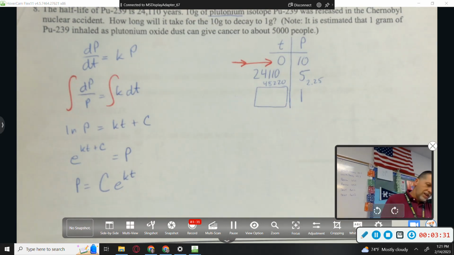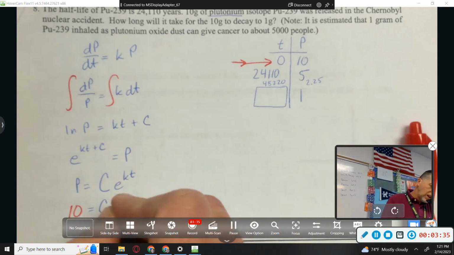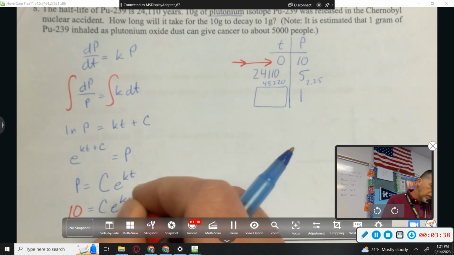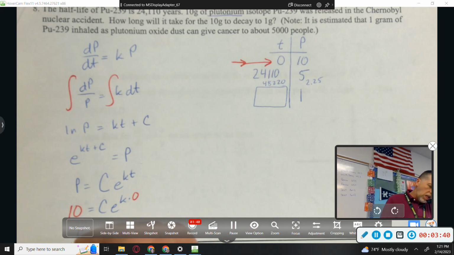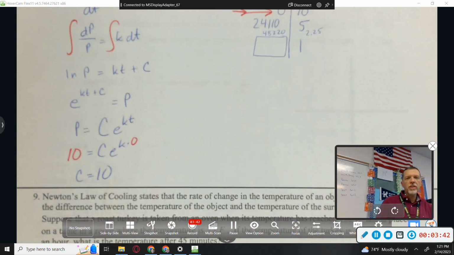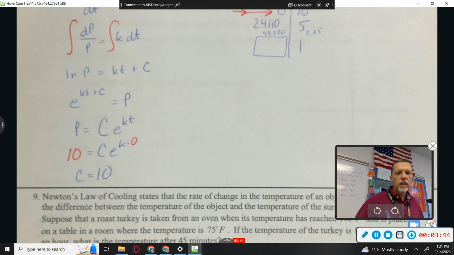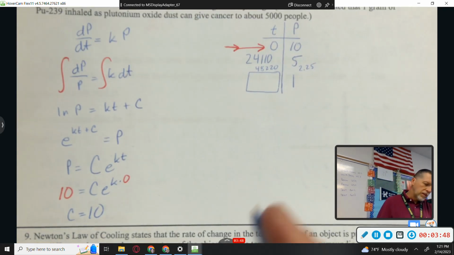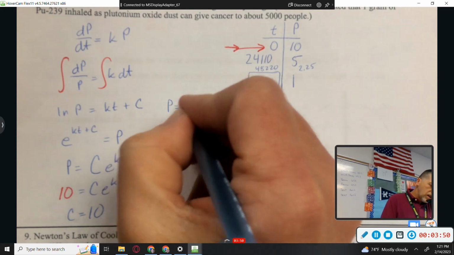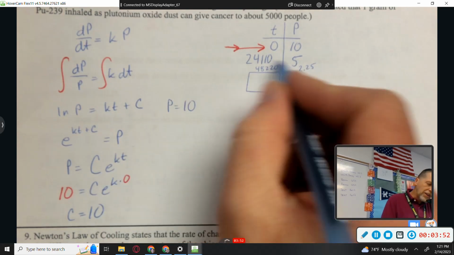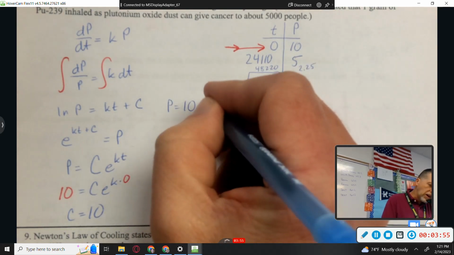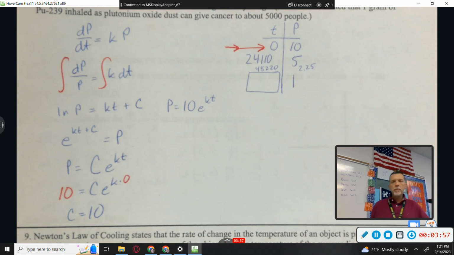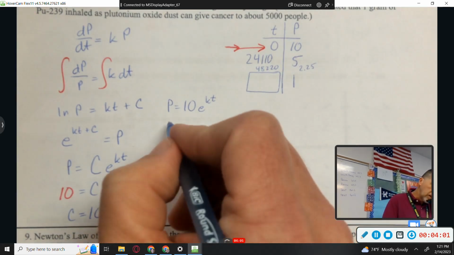So 10 equals C e to the K times 0. So C equals 10, as expected, our initial amount. Who knows what K is going to be, because it's going to have some wild numbers in there. But that's okay. We'll save it in the calculator. Let the calculator deal with it.